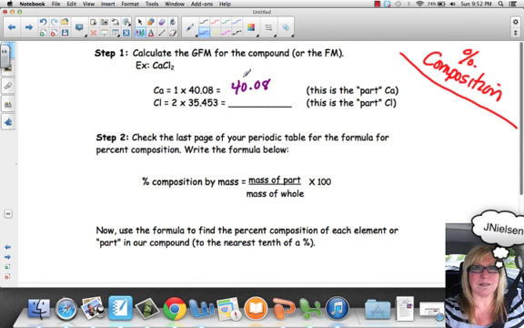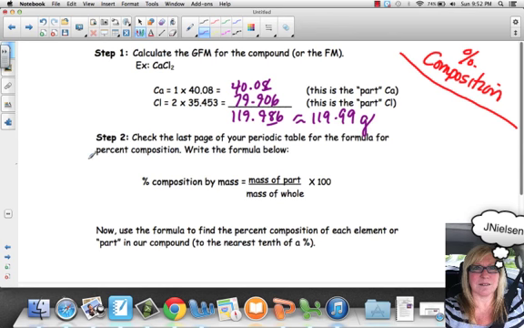That's going to give us 79.906. And then we get the sum of those, and we get 119.986. But this only has 2, so I'd probably go to 2. So that means that it's 119.99. So now we have the GFM.